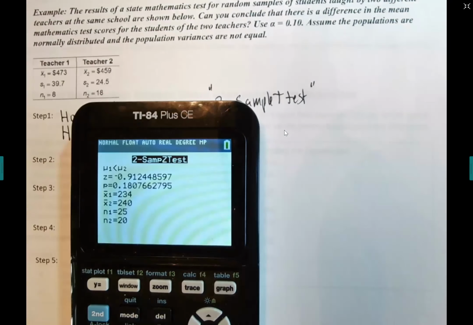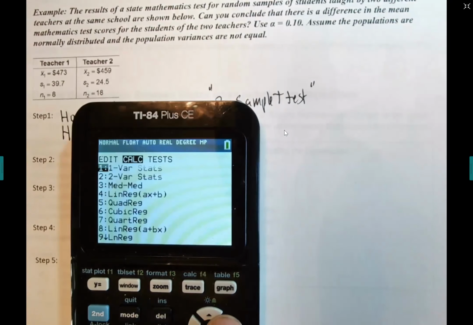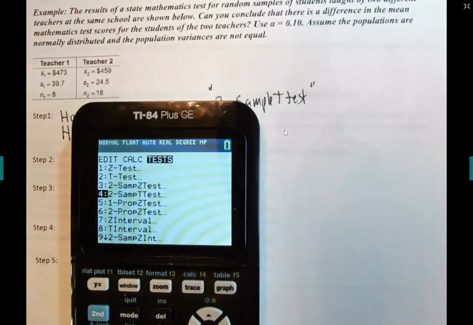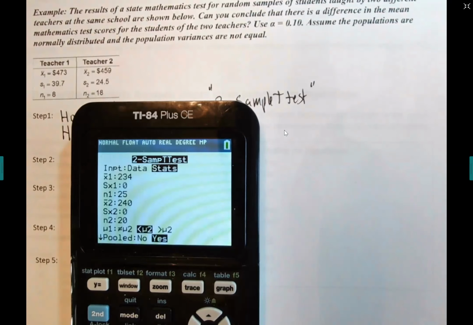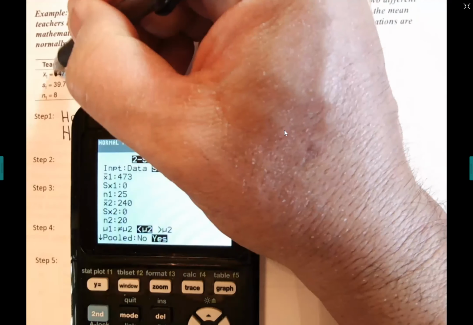I'm gonna turn the calculator on, stat, tests, and it's 2 sample t-test. It's not data, I have a summary. When he summarizes in a table, it's a summary, so stats. Okay. He wants X1 bar, 473. It's not a dollar sign, guys. It's a test score, so please ignore the dollar sign here.